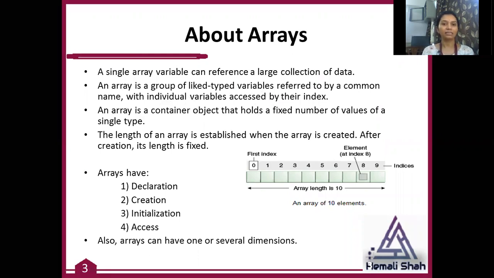An array is a container object that holds a fixed number of values of a single data type. You cannot hold a string, then an integer, one value double, another value float. You cannot hold multiple types of values in a single variable by using an array. So it only stores a fixed number of same-type values in a single variable.